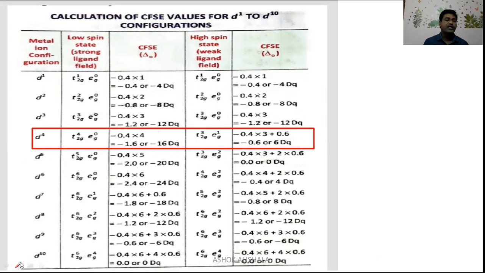I want to tell you some important points regarding this. What is meant by low spin complexes and what is meant by high spin complexes? Whenever a strong ligand is there, you know that the d orbital has 5 degenerate orbitals.